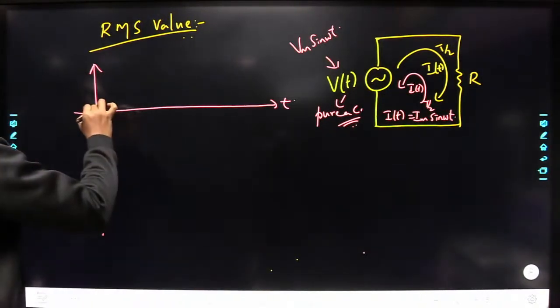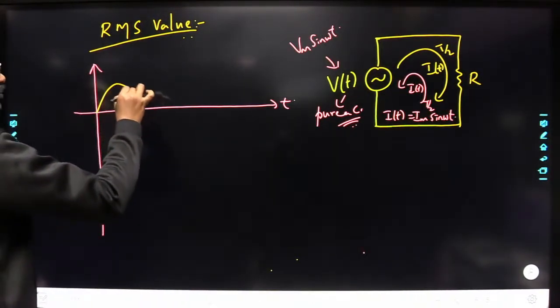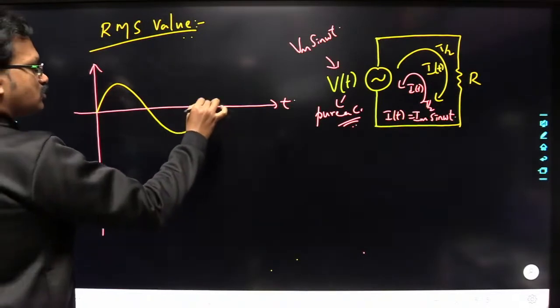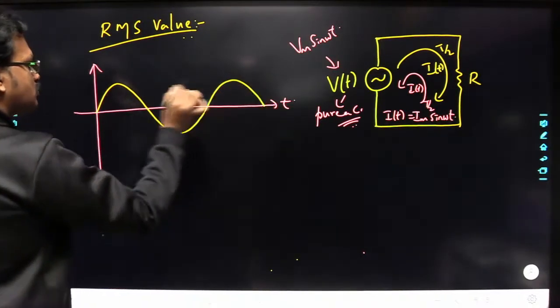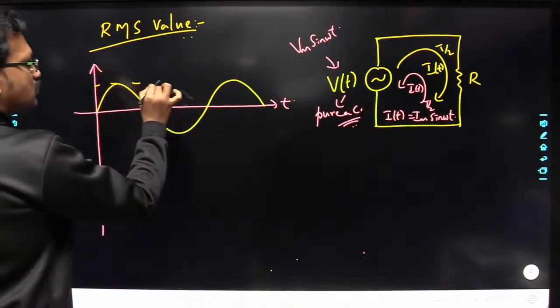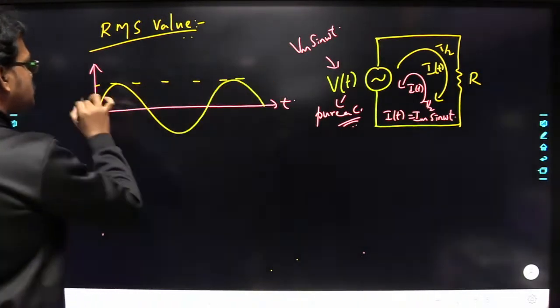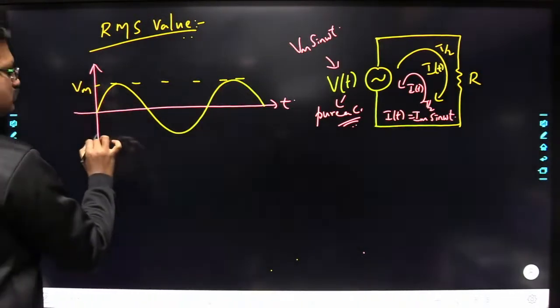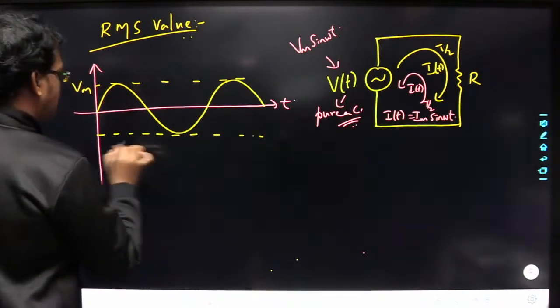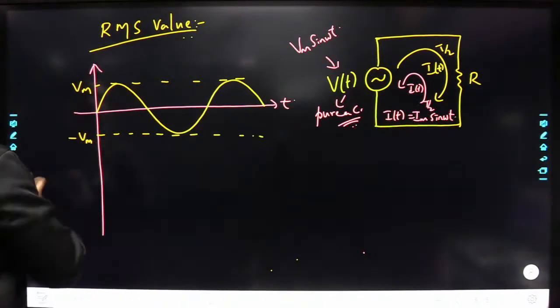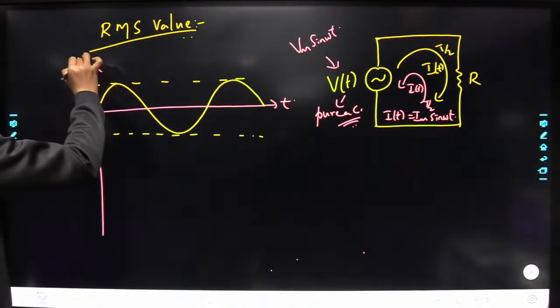Vm sin omega t. So this is Vm and this is minus Vm. Okay, so this is V of t.